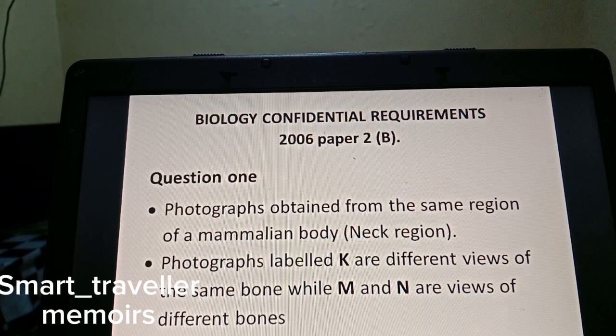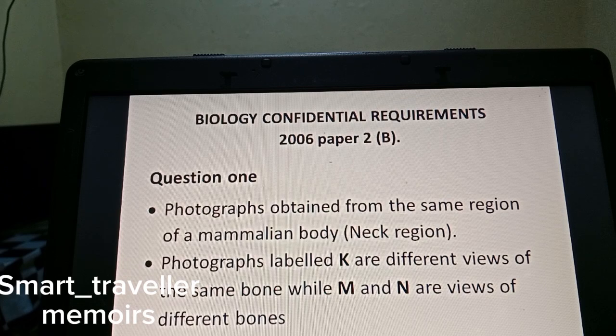You are required to deal with photographs obtained from the same region of a mammalian body or neck region, and the photographs were labeled K, L, M and N. K and L are different views of the same bone, while M and N are views of different bones.